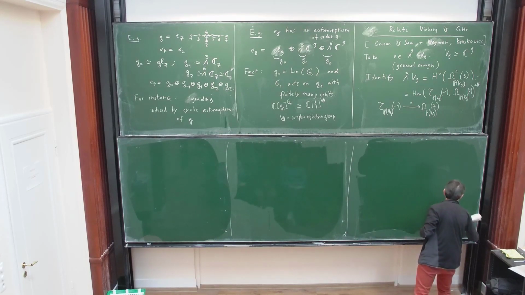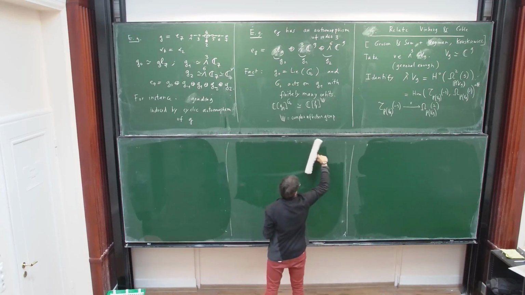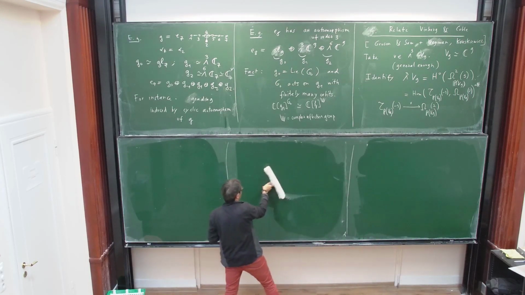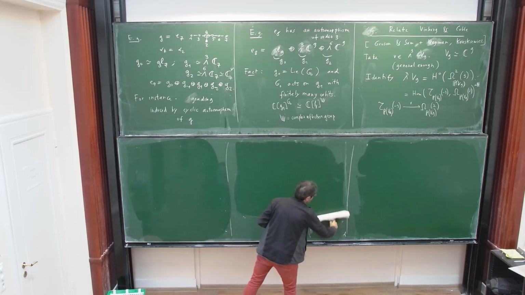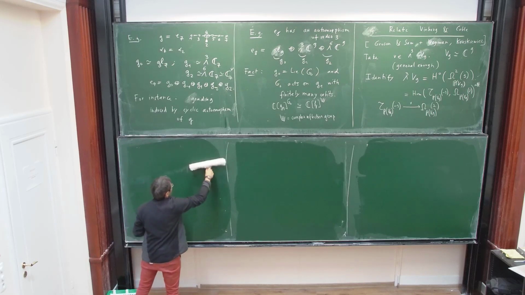And we can compute the degree of this hypersurface. So it's a Pfaffian. Pfaffian is the square root of determinant.